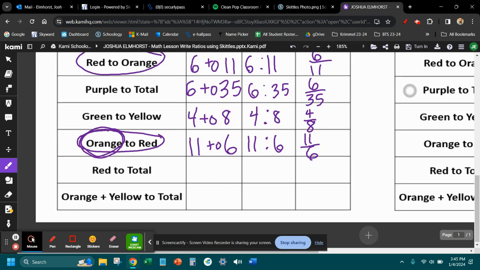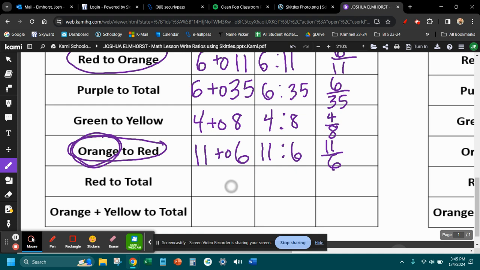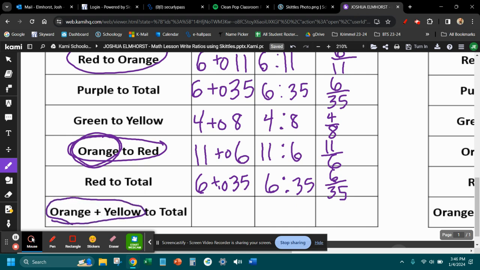And red to total, 6 to 35, 6 colon 35, and then 6 over 35. And the last one, just throwing it out there, orange and yellow together being compared to the total.